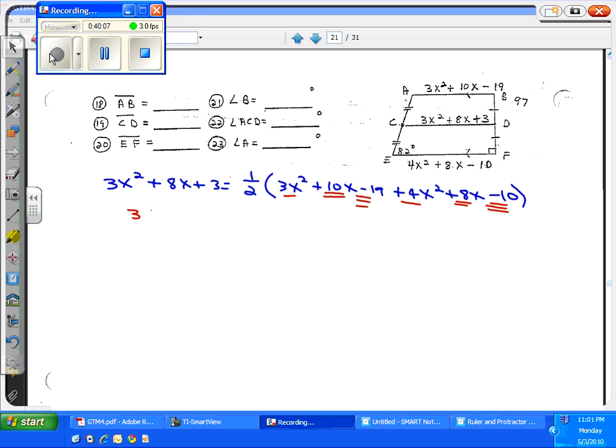We will have 3x squared plus 8x plus 3 equal 1/2 open. 3x squared plus 4x squared is 7x squared. 10x plus 8x is 18x. Minus 19 minus 20 is minus 29.